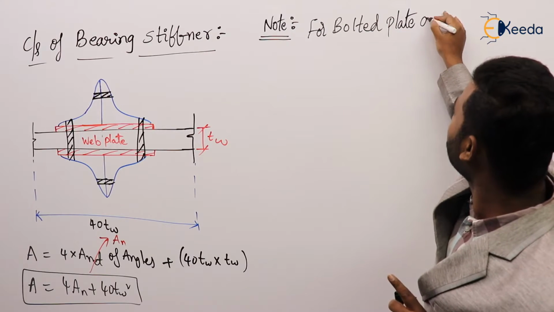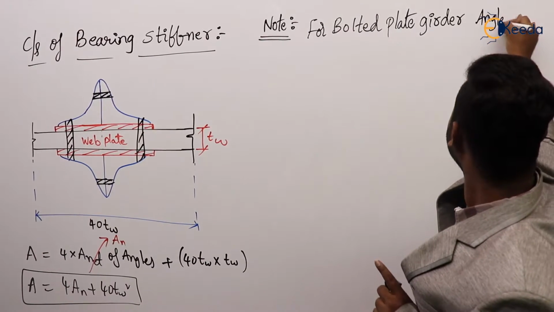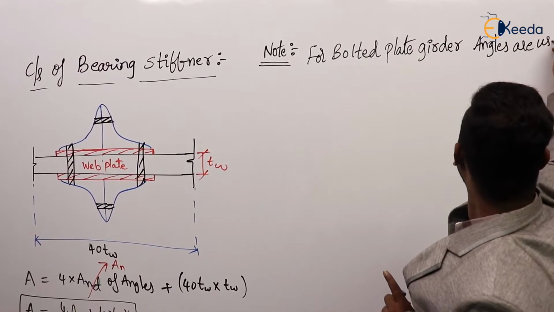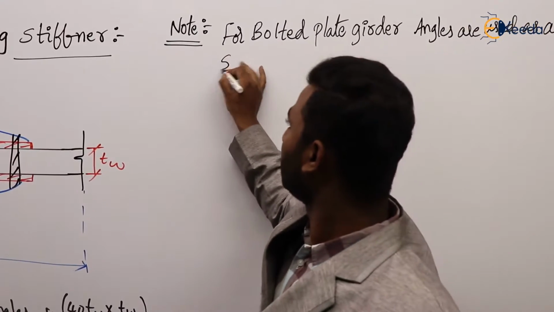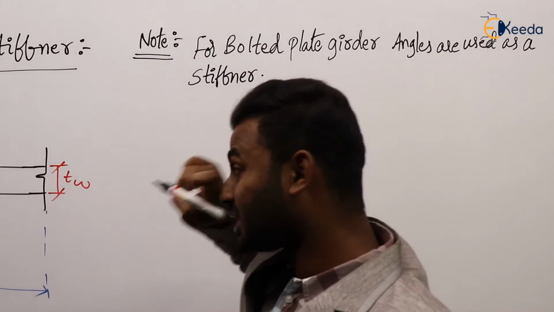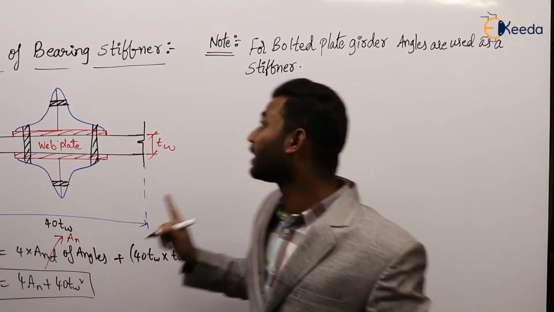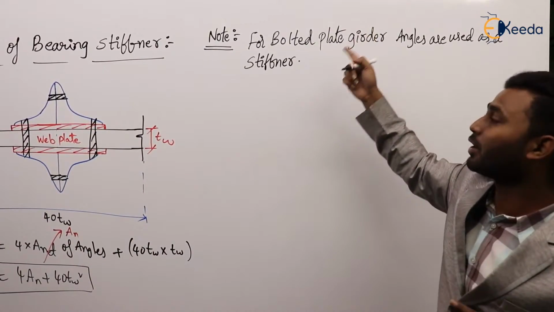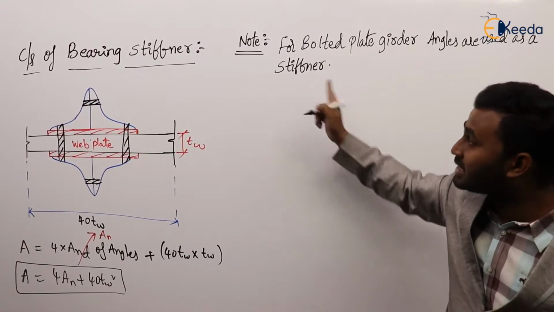For bolted plate girder, angles are used as stiffeners. It means see here, these are the stiffeners. Of course, here it is a bearing stiffener. So this is the angle. In a bolted plate girder, if you are going to make a plate girder by using bolts, then angles should be used as stiffeners.